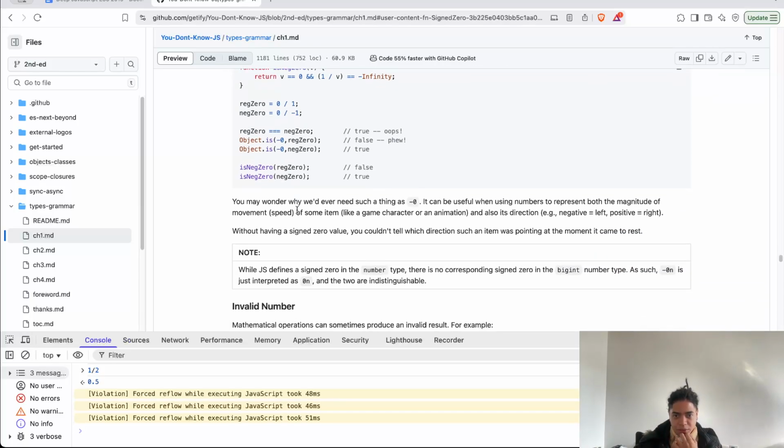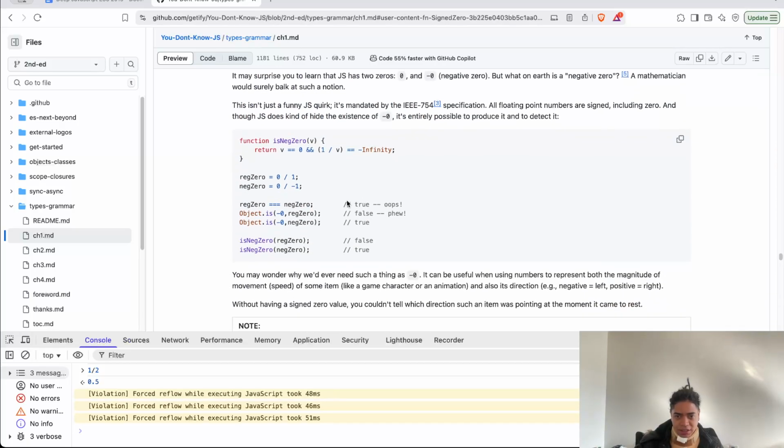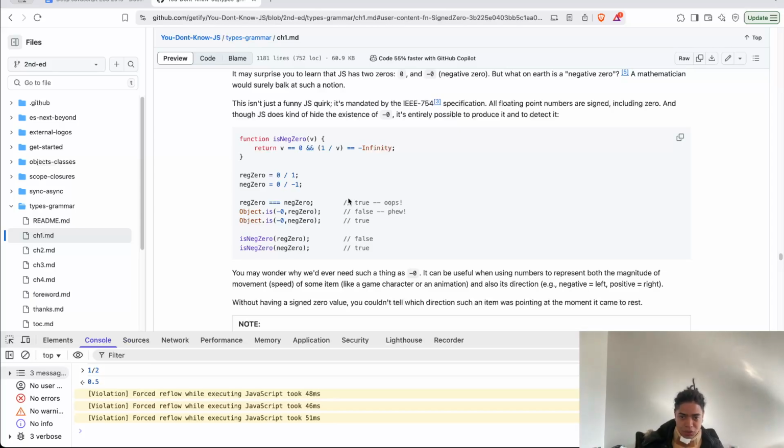So you may wonder why we would ever need such a thing as -0. It can be useful when using numbers to represent the magnitude and direction of movement, or speed, of some items like game characters or an animation.